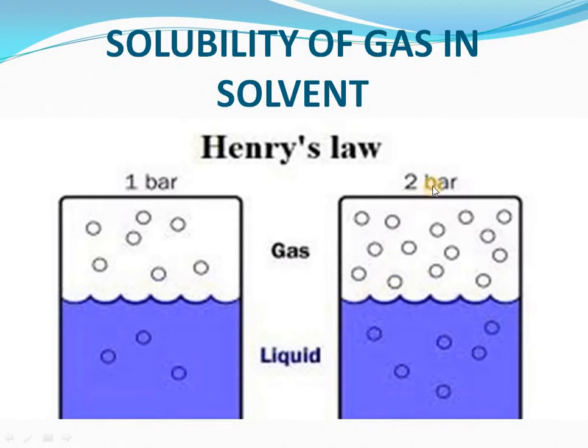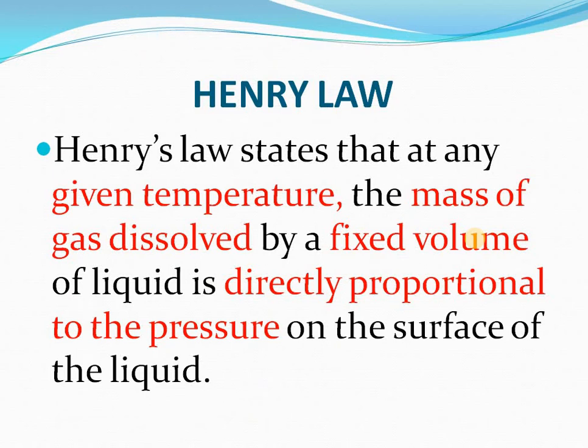When you increase the pressure, see the gas which is dissolved: in the liquid it is more, and the undissolved gas is also more. So the solubility of a gas increases with pressure for a fixed temperature and a fixed solvent. This is Henry's law, very important.